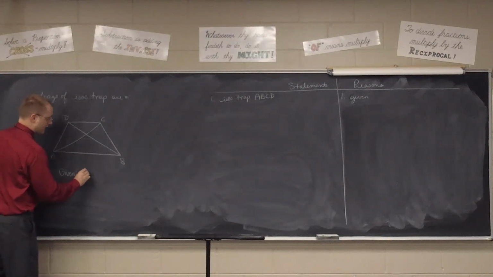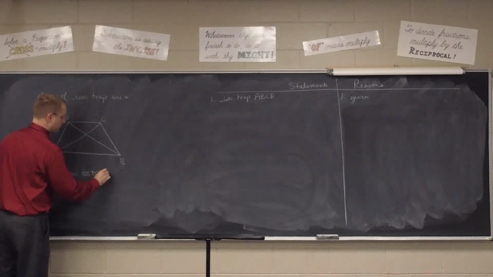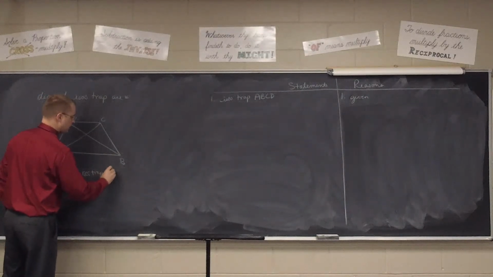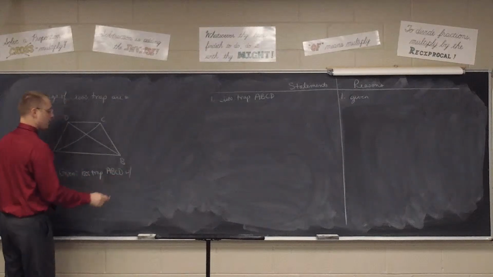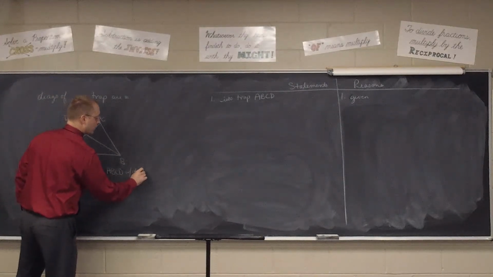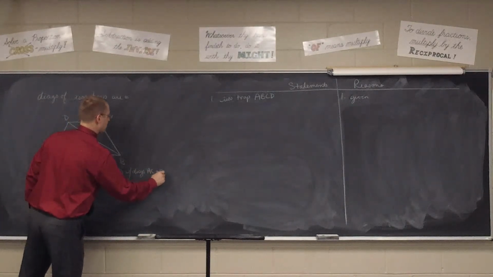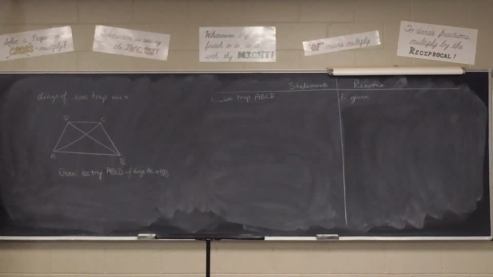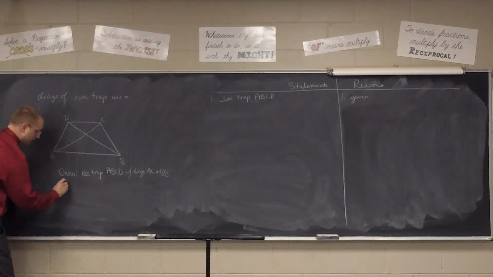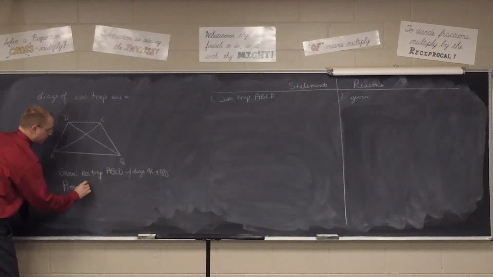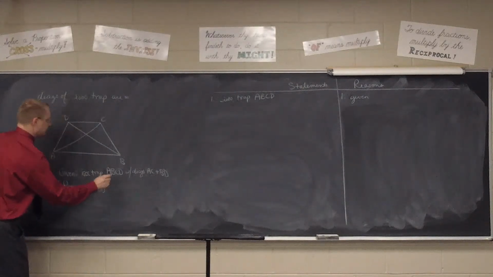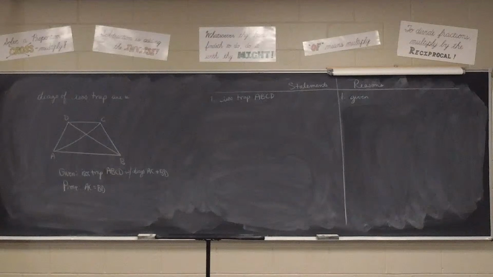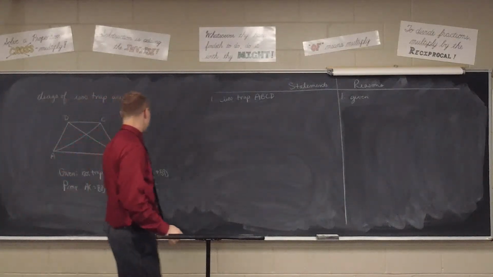We're given isosceles trapezoid ABCD with diagonals AC and BD. We want to prove that those diagonals are equal. Prove that AC equals BD. Let's get that down: two columns, statements, reasons.